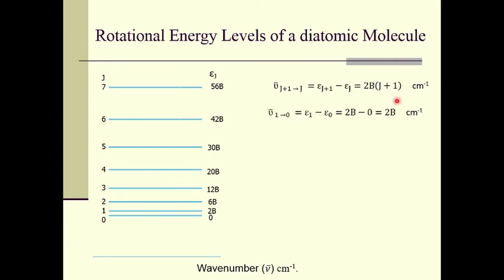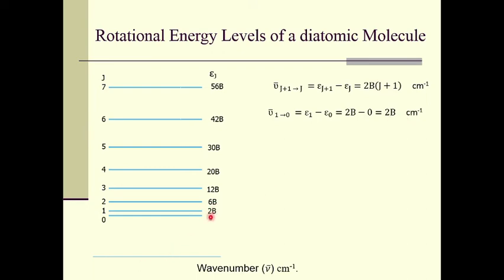Now let us consider the transition between the lower levels 1 and 0. When the molecule jumps from the j equal to 1 level to the j equal to 0 level, the value of the wave number is 2b minus 0, so it is equal to 2b.